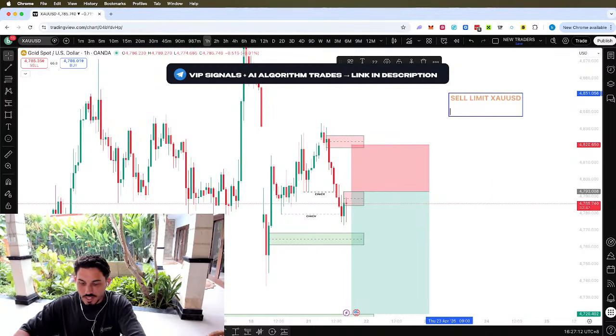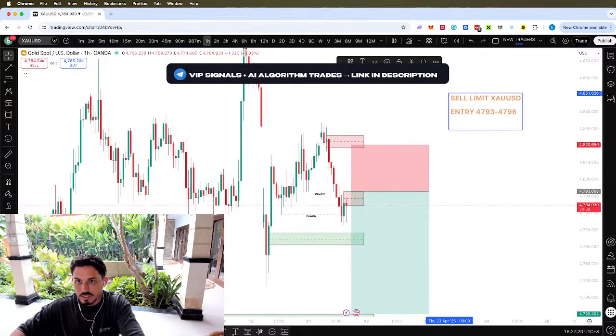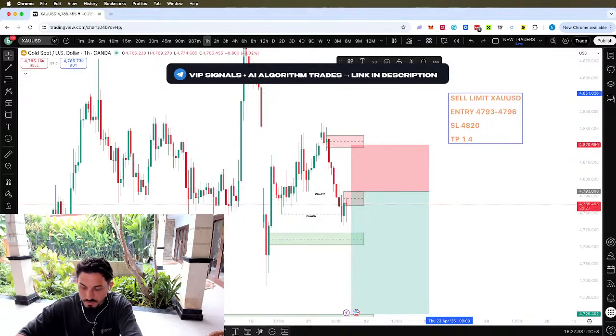Entry will be between 4793 to 4796. Let's put the stop loss. I always forget to put it there. 4820. TP1 is going to be 4785.